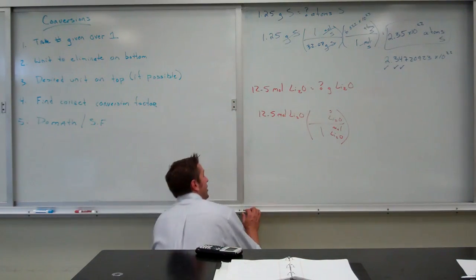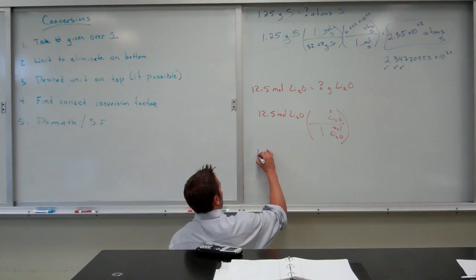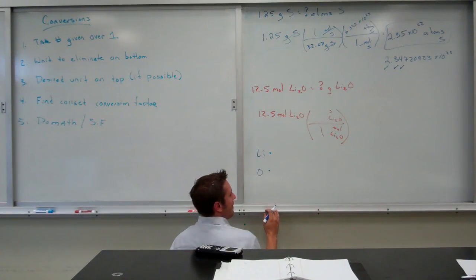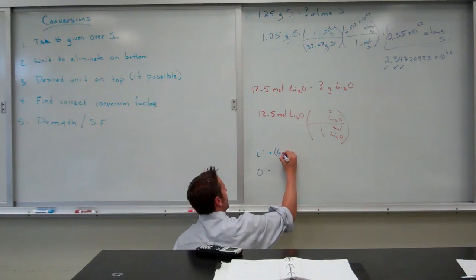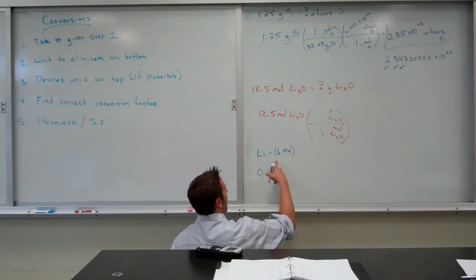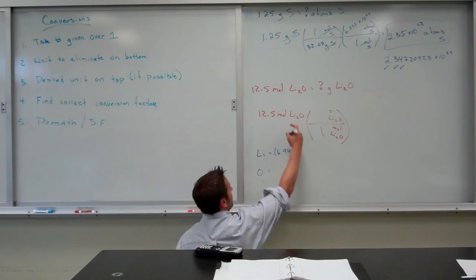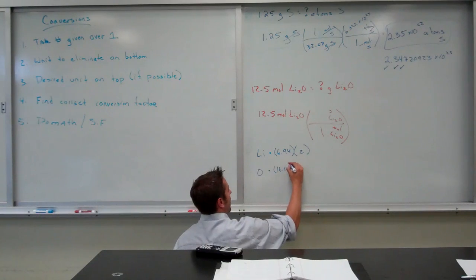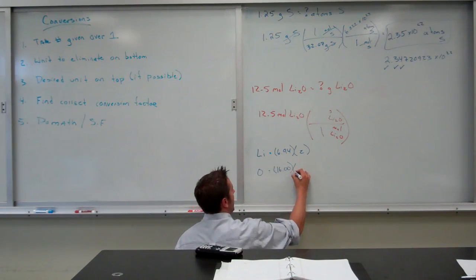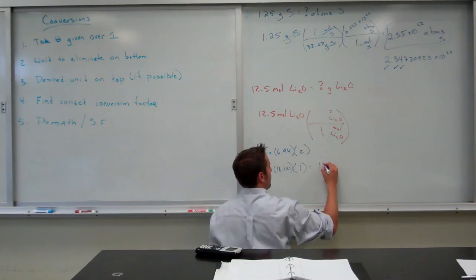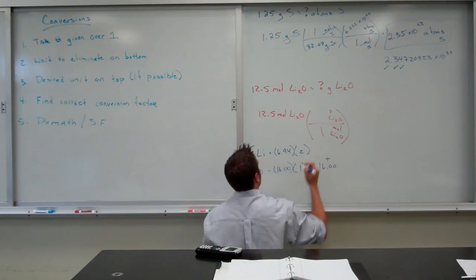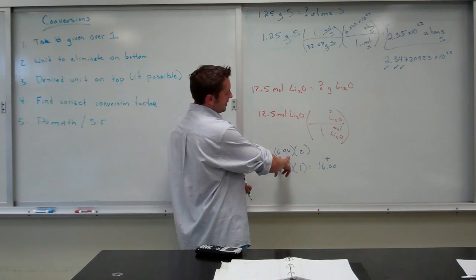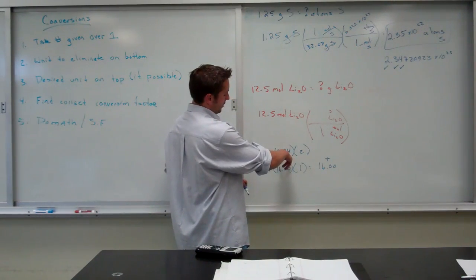So I'll do that down here. I know I have Li, I know I have O. I list its mass. Li's mass is 6.94 times how many there are, and there's a 2. Oxygen's mass, 16.00 off the table, and there's one of those. So the bottom one, 16.00, and then the top one, 2 times 6.94. 7 doubled would be 14, so we're going to be 0.12 less than that.